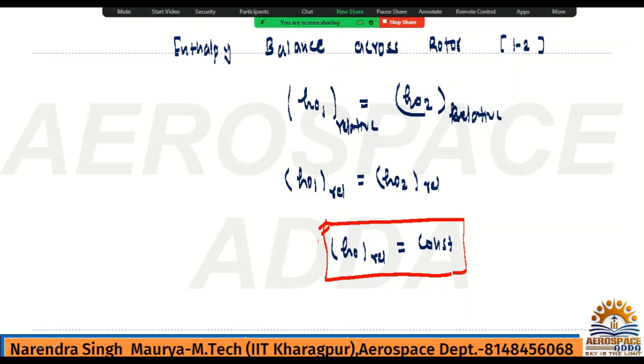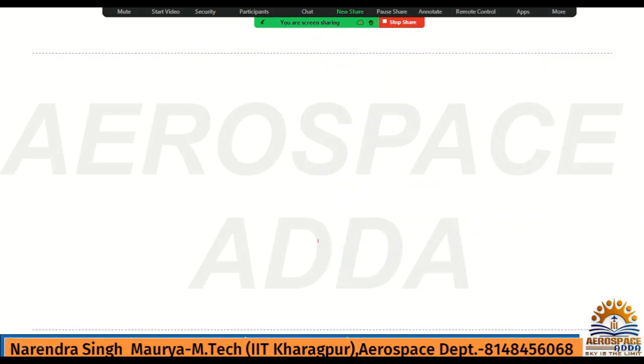Now if you write H01, that relative enthalpy, what will be the formula? H1 plus the relative velocity, W1 square by 2.